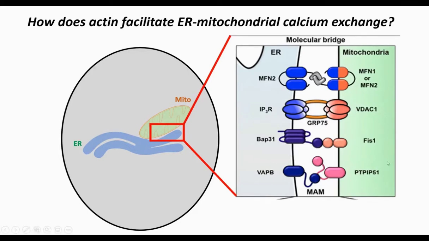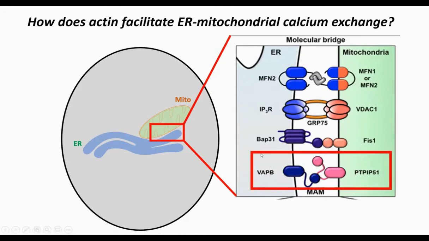So what we wanted to do is express a couple of these proteins. If actin was facilitating this ER-mito contact to promote the calcium transfer, then by overexpressing these proteins in the knockout cells, could we get back the calcium uptake phenotype?